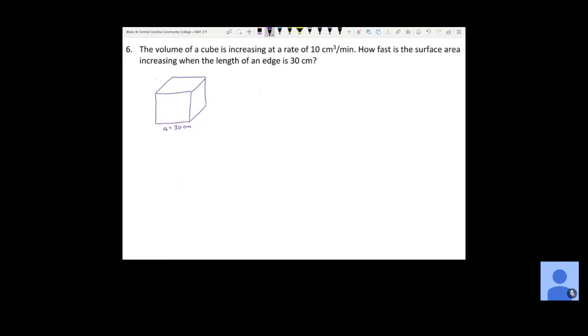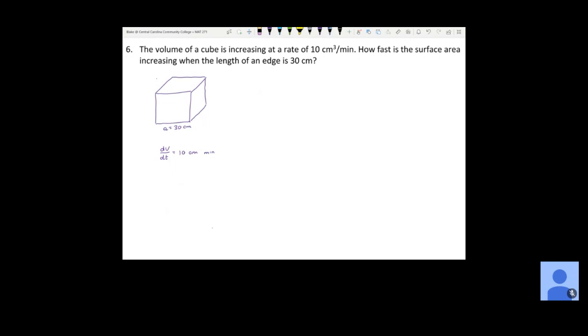The volume, right? So this is a rate of change of our volume. So how could we label that? So not dA/dt, because dA/dt would be the rate of change of the edge. We're finding the rate of change of the volume, so we can call it dV/dt. Good. So we'll say that dV/dt is going to be 10 centimeters cubed per minute.